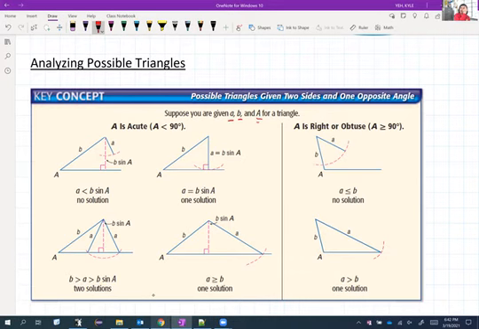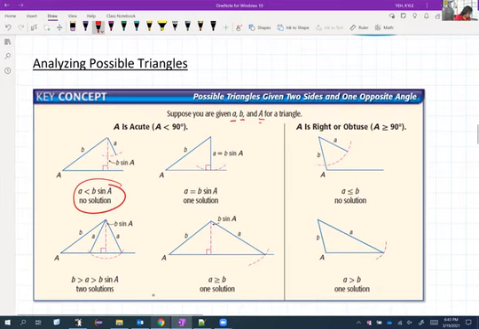Now, there are times that the law of sines is less than specific. And here's what I mean by that. If we type b sine A into a calculator and it turns out that it's greater than just a, that means there's no possible triangle that can have these measurements.